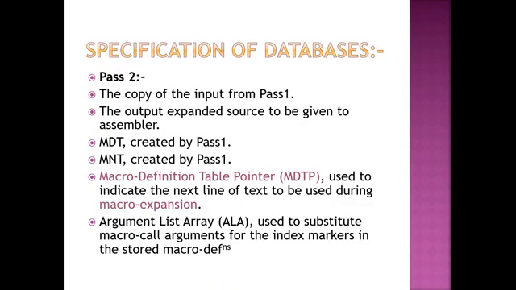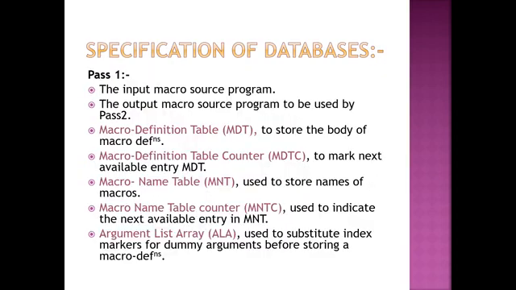Whatever we saw in the previous slide, all these things happen during pass 1. The work of the macroprocessor is to find the macro definition, find the macro call, substitute it with the definition and expand it. To do this process, it takes 2 steps.